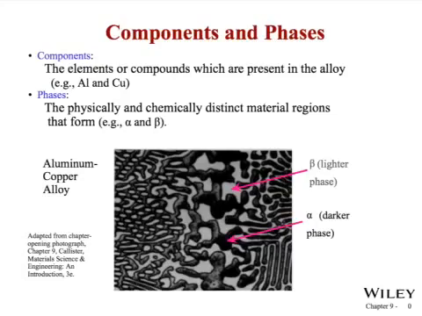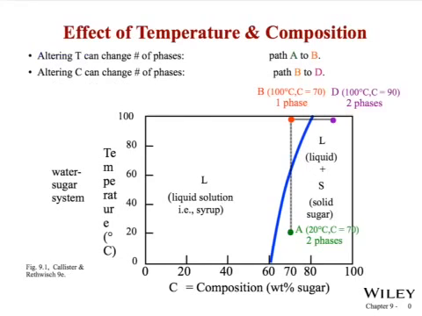Using the example from the previous slide, the components would be the sugar and the water, and the different phases would be the pure sugar, the liquid sugar and water, and also the solute sugar in the water.